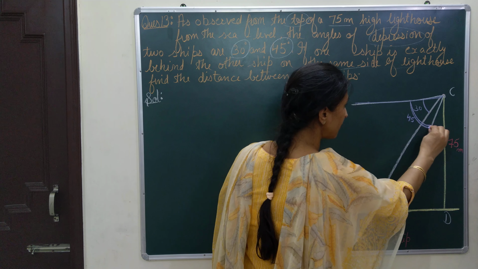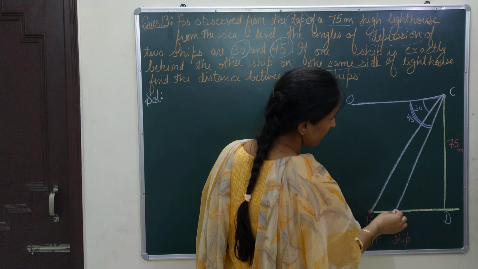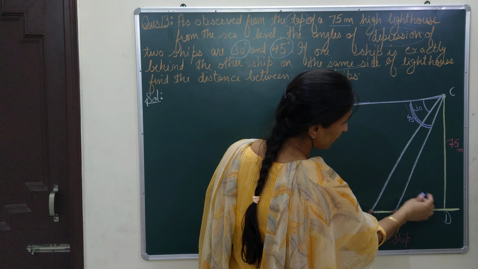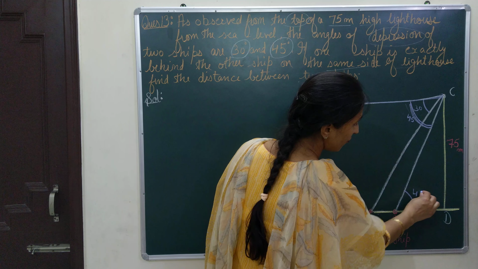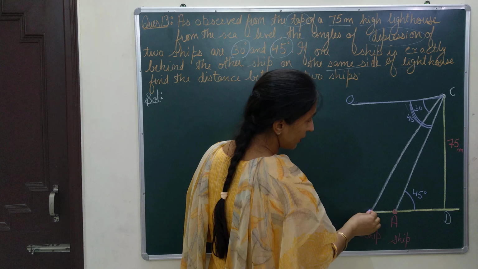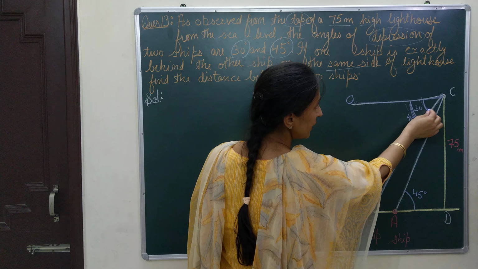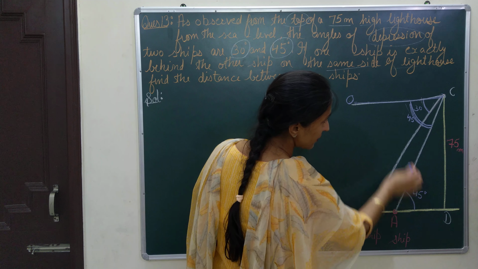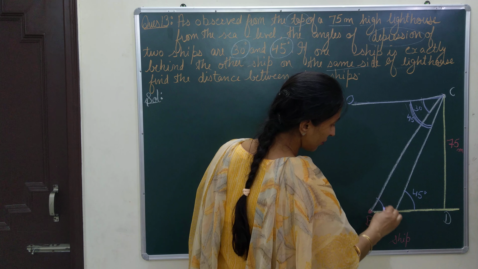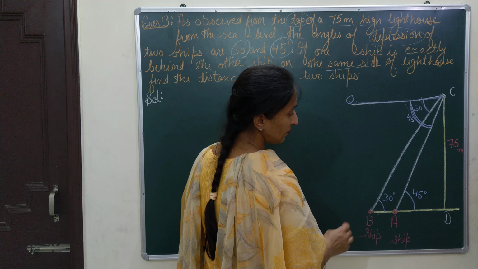If I name it OCA, this angle OCA is 45, and on the other side of this transversal, a 45 angle will be formed. In the same way, OCB, this small angle, is 30, and as a Z is formed, this angle is the alternate interior angle for CBA. So this angle will also be 30 degrees.